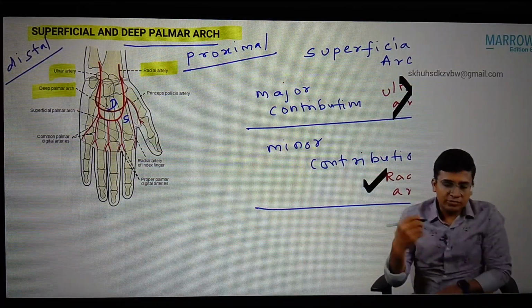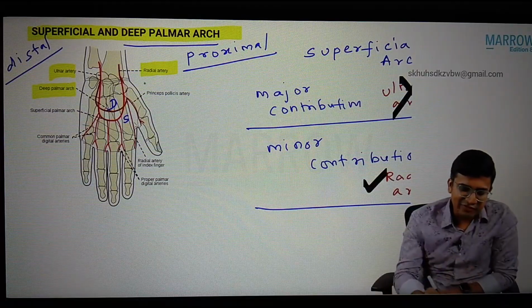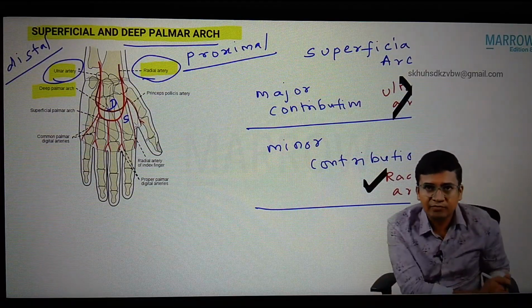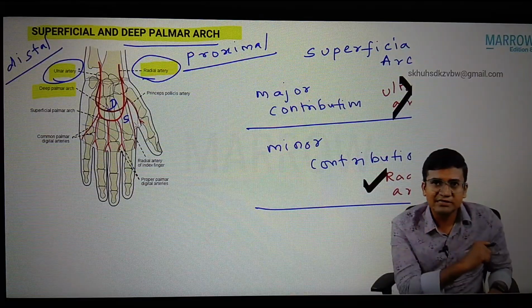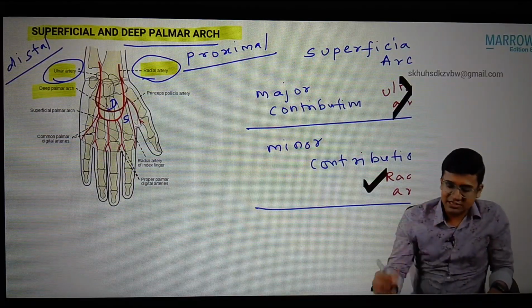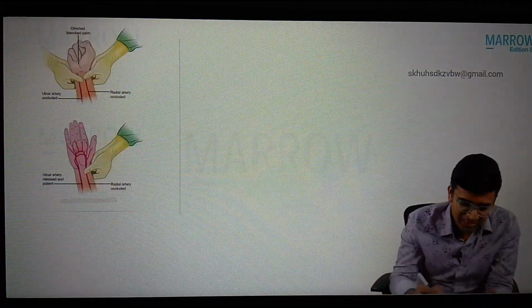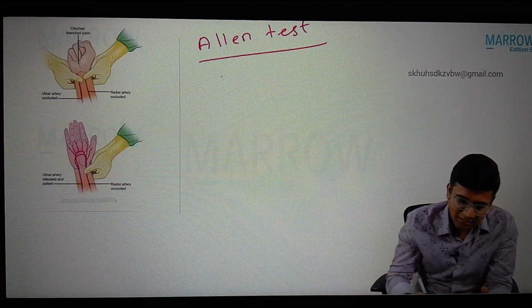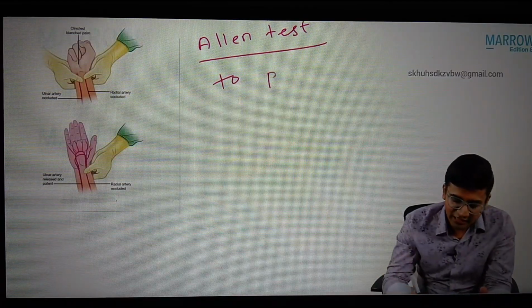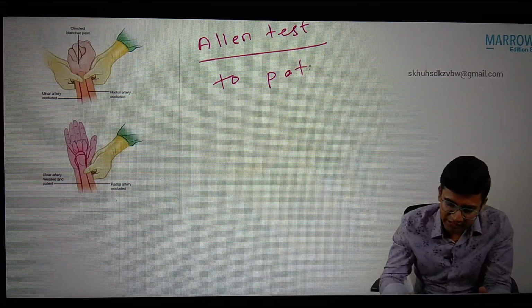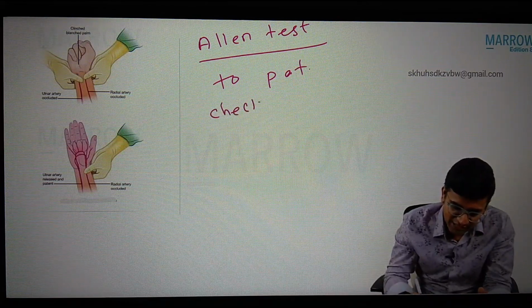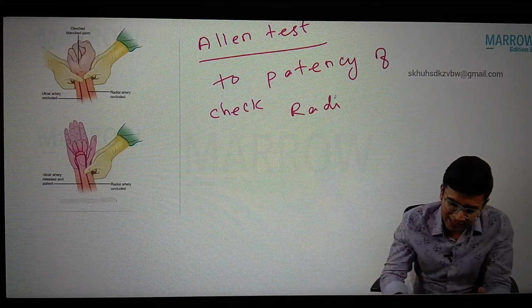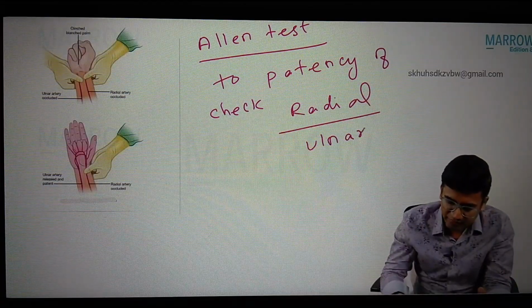Fine. Now, if the patient has a block in any of these arteries, radial or ulnar, then how do we identify the patency? By doing one simple test called the Allen test. So please write: Allen test, to check the patency of the radial artery or ulnar artery.